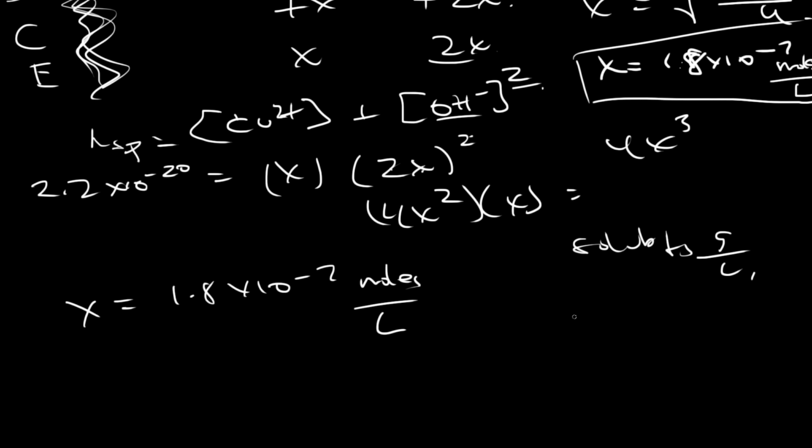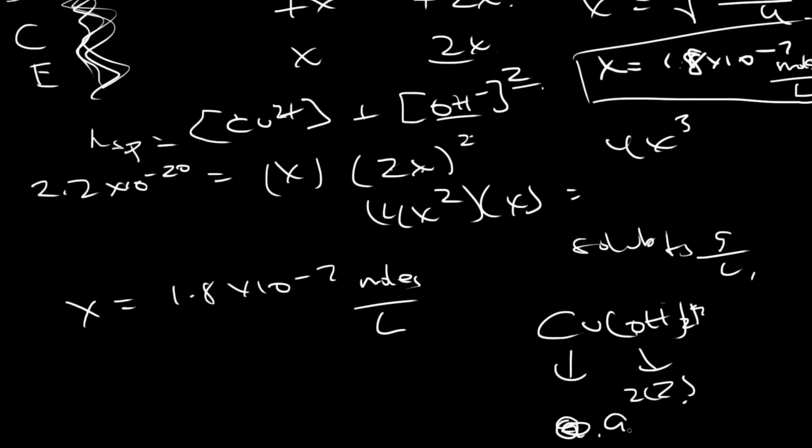You have copper hydroxide, so Cu is some mass, and OH is some mass, which you multiply by 2. The molar mass of this is 97.561 grams per mole. I don't want to actually calculate it, but I'm pretty sure you know how to if you're at this level of chemistry.